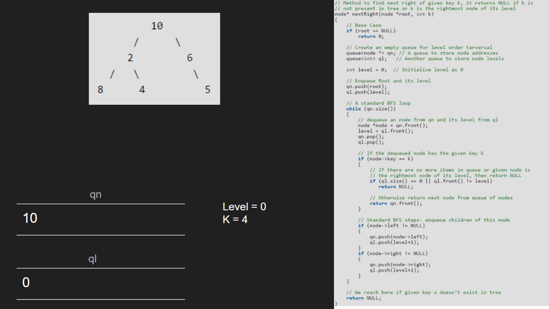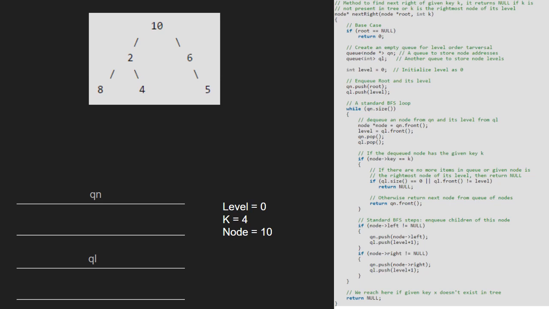So, node will point to 10 and level will be equal to 0. We check if node's data is equal to k. Since 10 is not equal to 4, we now enqueue left and right child of this node.